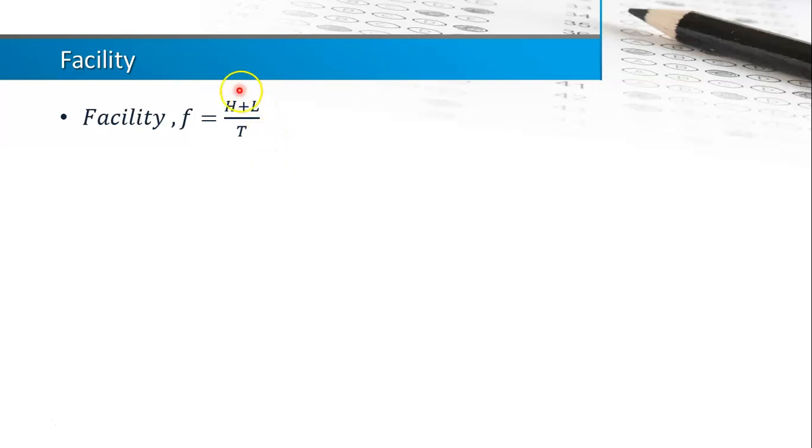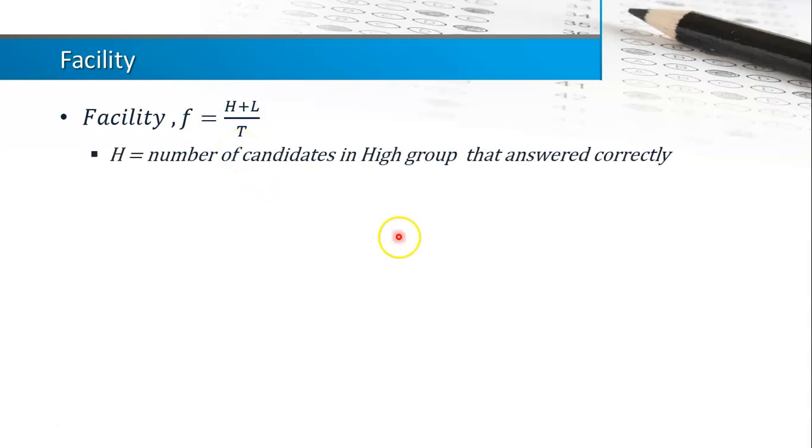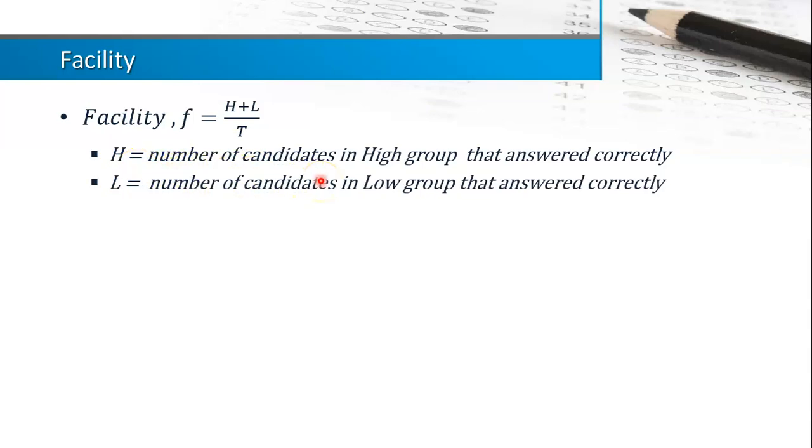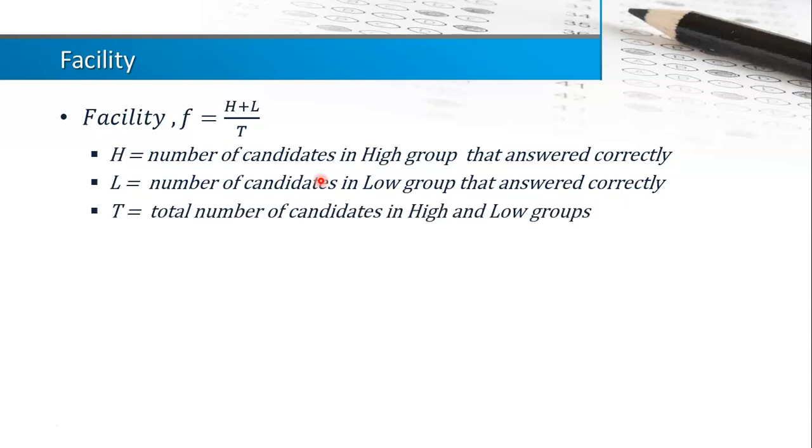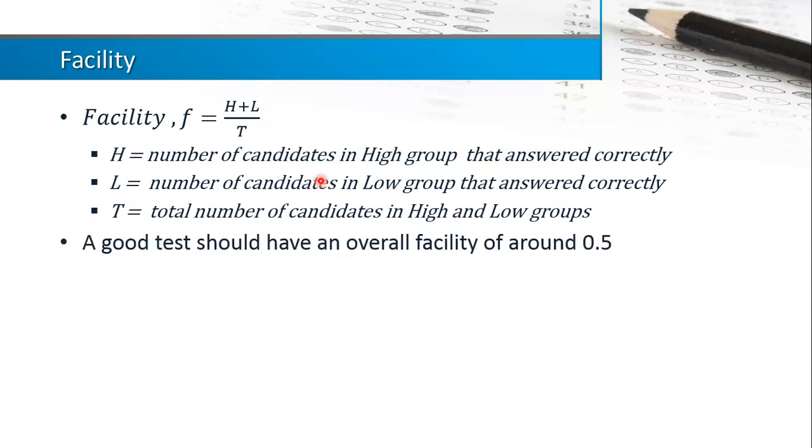So it's actually the proportion of how many students correctly answered the item. H is the number of candidates in the high group that answered correctly, L is the number of candidates in the low group that answered correctly, and T is the total number of candidates in the high and low groups.